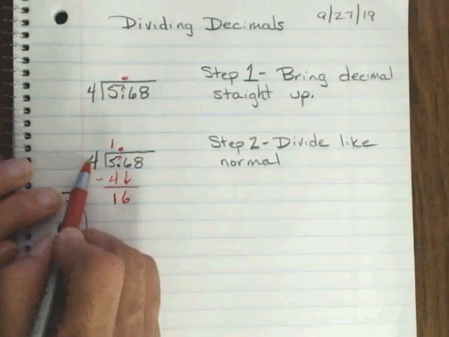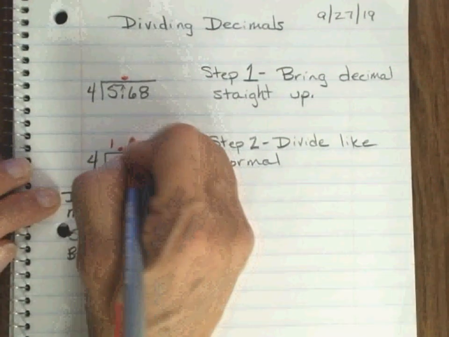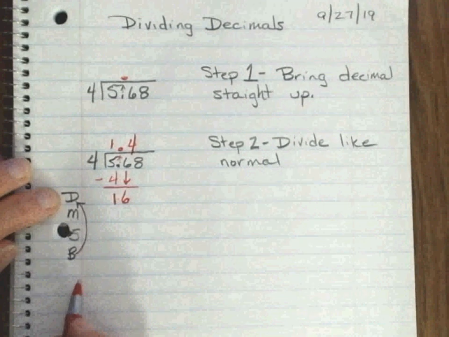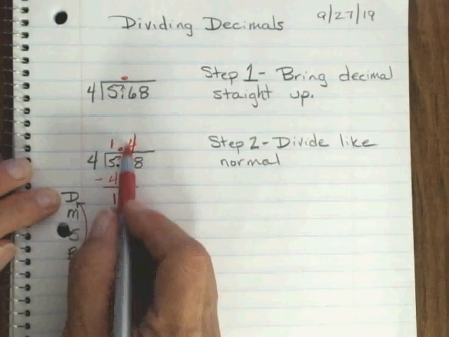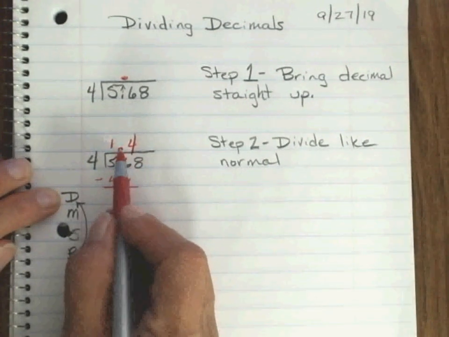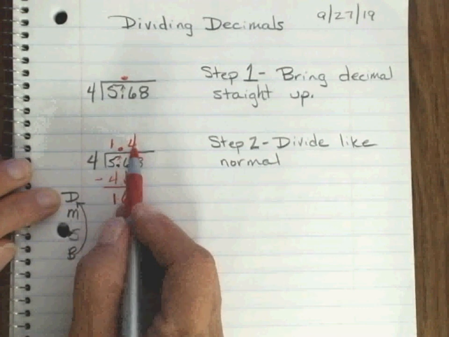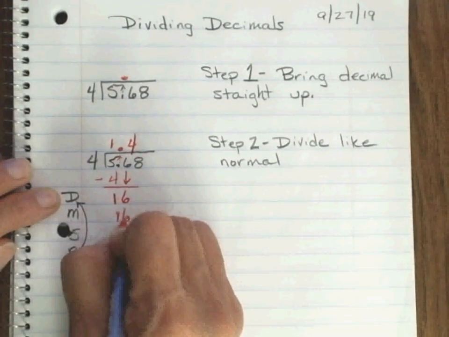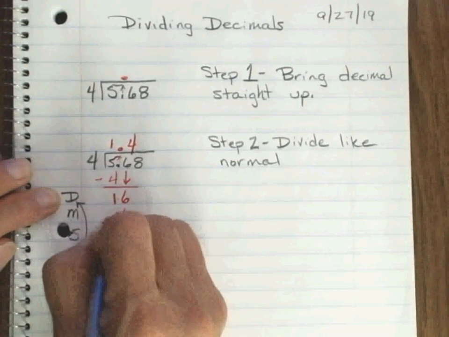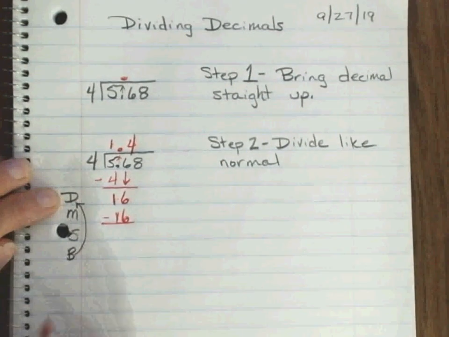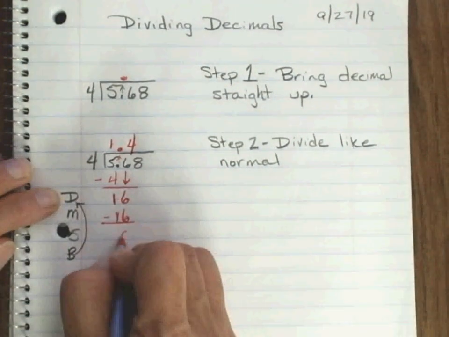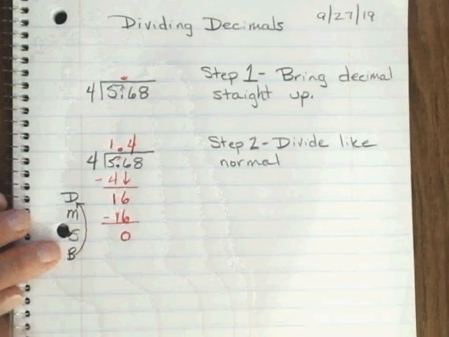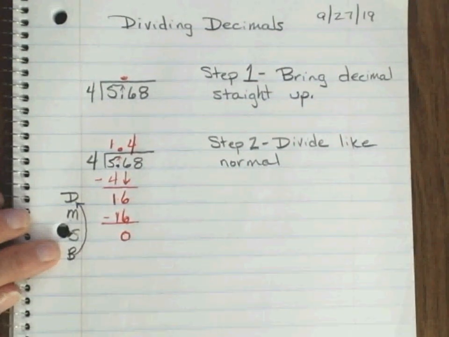4 goes into 16 4 times. Notice that I put the 4 right above the 6, so see my decimal point is in between here. 4 times 4 is 16. I subtract, and of course 16 minus 16 is 0. So now I'm at bring down.